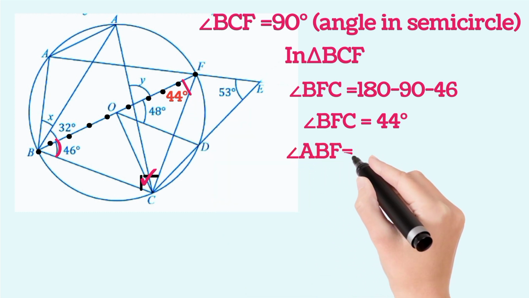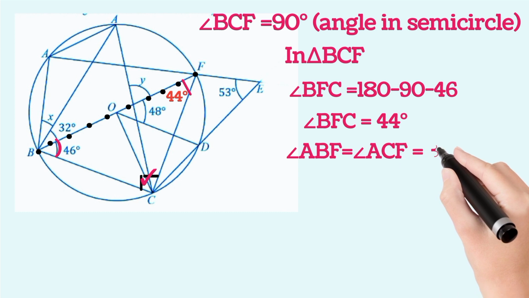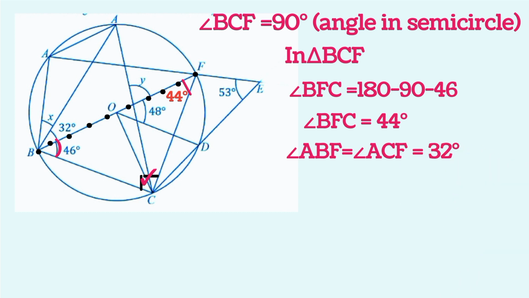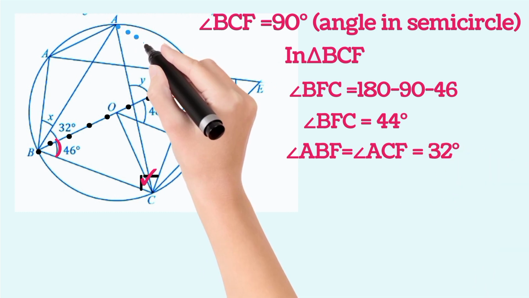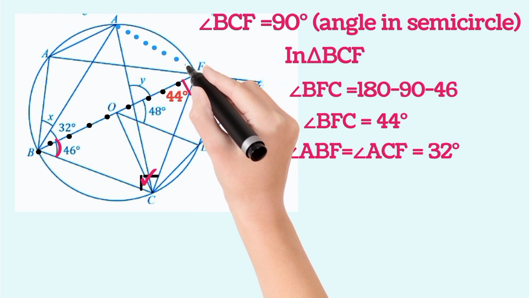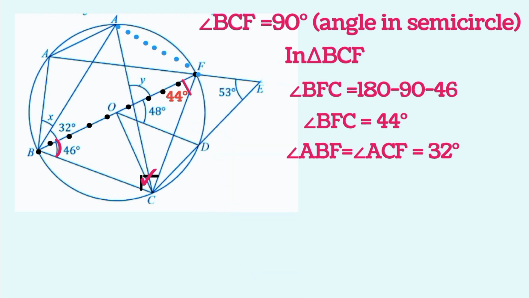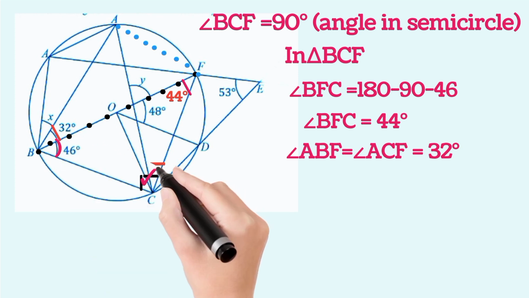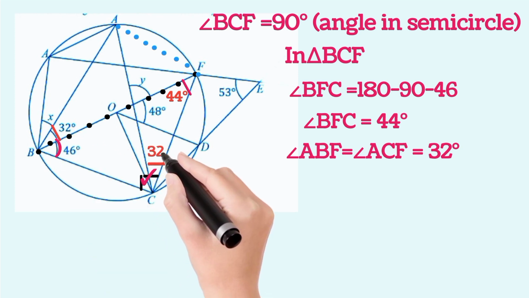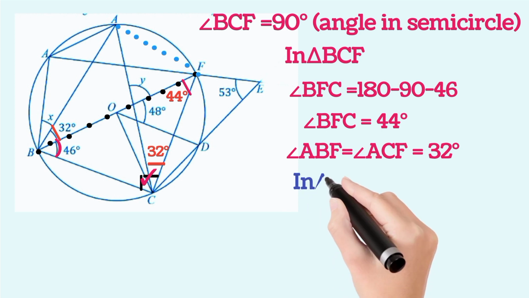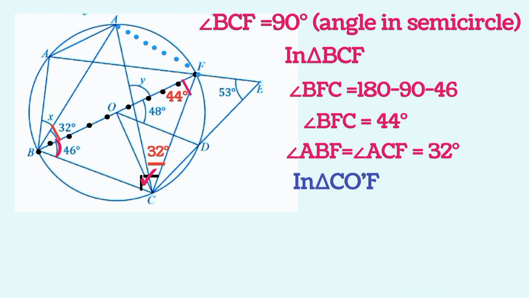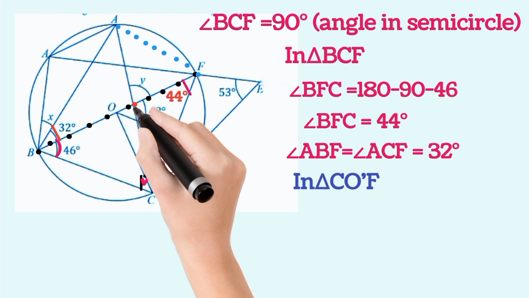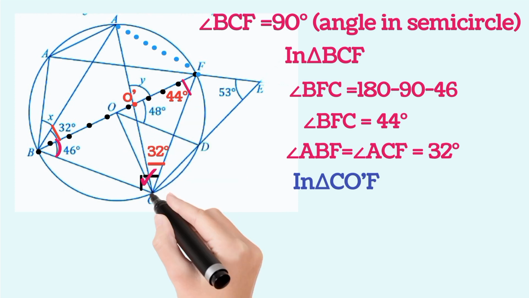Now angle ABF is equal to angle ACF, that is 32 degree, because both angles are on the same chord, that is AF. So this angle which is ABF will be equal to ACF. So this is 32 degrees. Now in triangle CO'F, let us consider this point O dash.